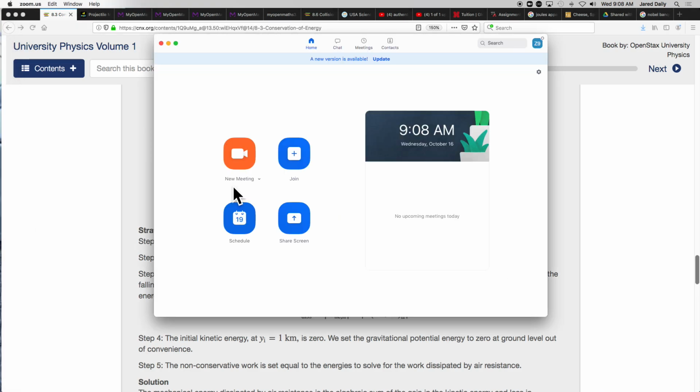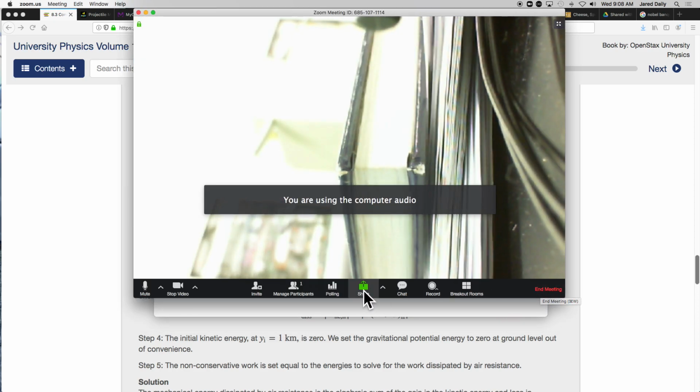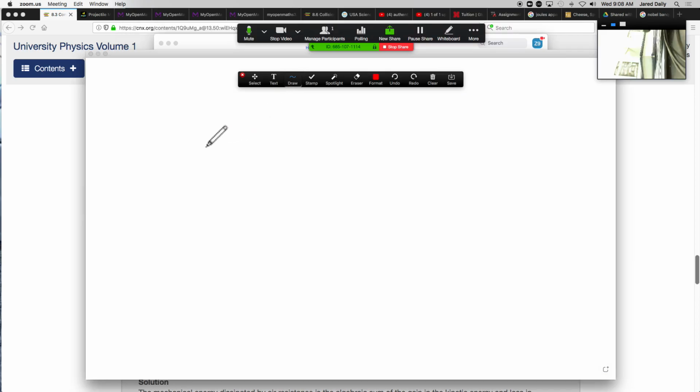Let me bring it up here. So this equation looks like this. Non-conservative work equals change in kinetic energy plus change in potential energy. This change here can be written separately. So change in kinetic plus change in potential.